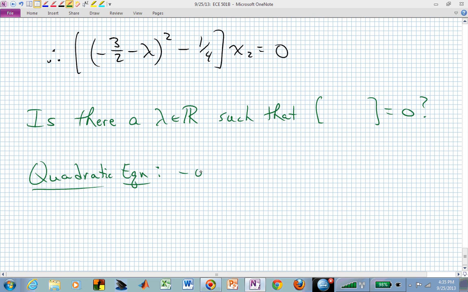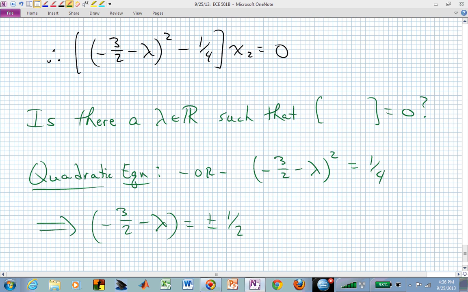Or we could just set that equation equal to 0, and we see that we have minus 3/2 minus lambda squared equal to 1/4. But that's just saying if I take the square root of both sides, I now have minus 3/2 minus lambda is equal to plus and minus the square root of 1/4, which is 1/2.